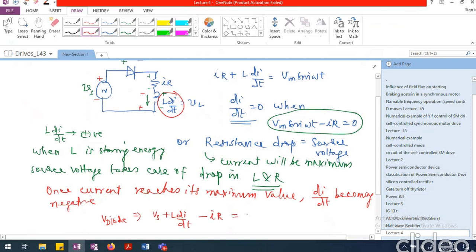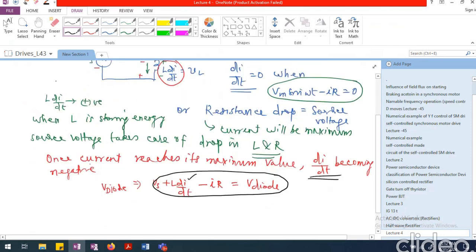This is going to be actually the voltage across the diode, once di by dt is becoming negative. So the inductance voltage drop, although it's a voltage drop, is actually aiding in forward biasing the diode.